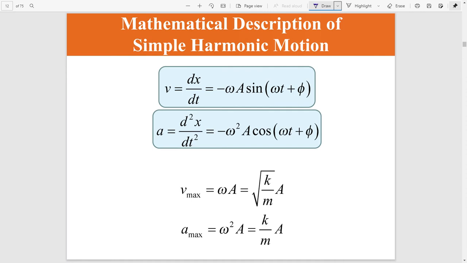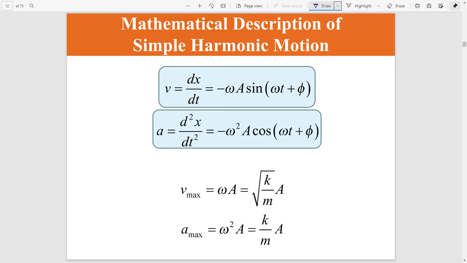So we showed the two derivatives of x, and that is essentially our velocity and our acceleration. After all, that's by definition velocity and acceleration. Velocity is a rate of change of displacement, and acceleration is a rate of change of velocity, which is the second order derivative of displacement.